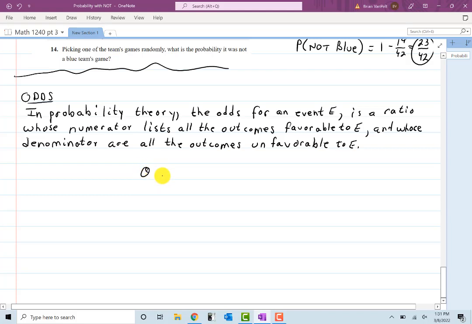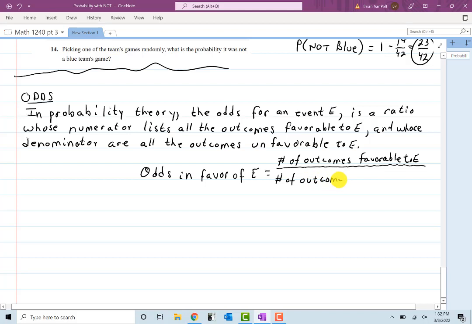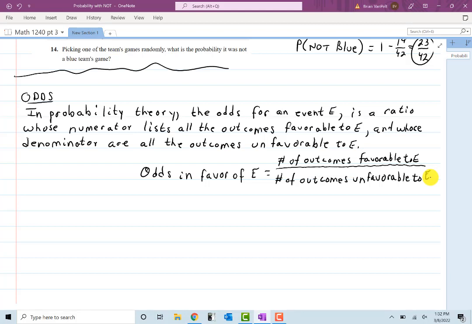So you can take a look at this. If I want the odds in favor of E, that equals the number of outcomes favorable to E divided by the number of outcomes unfavorable to E. I think the easiest thing to do is let's do an example to illustrate how you really do odds.